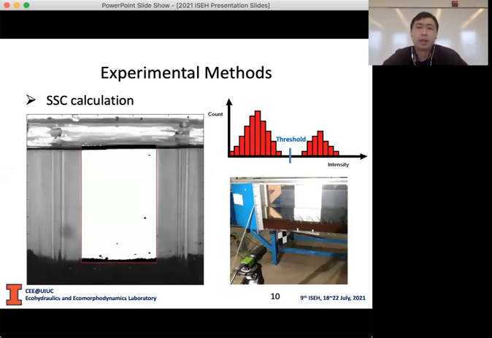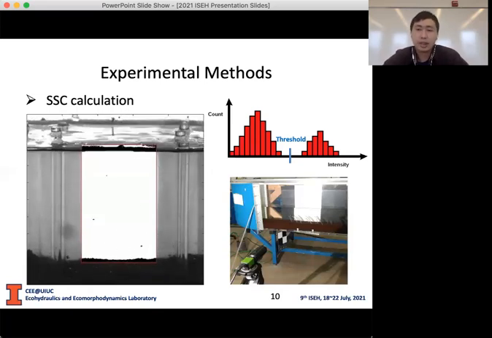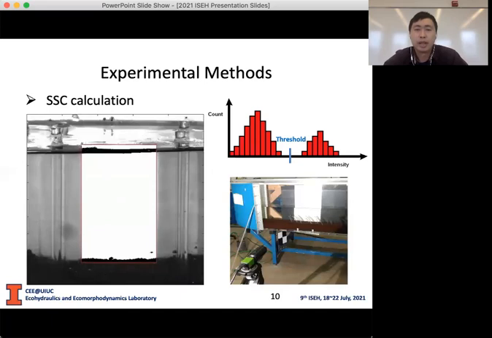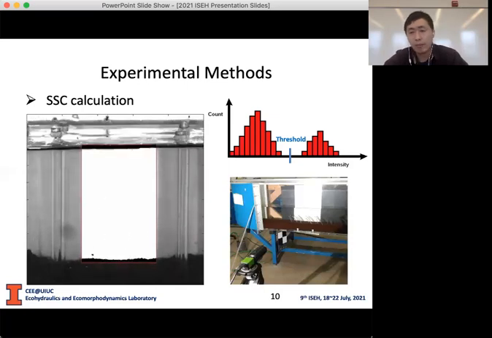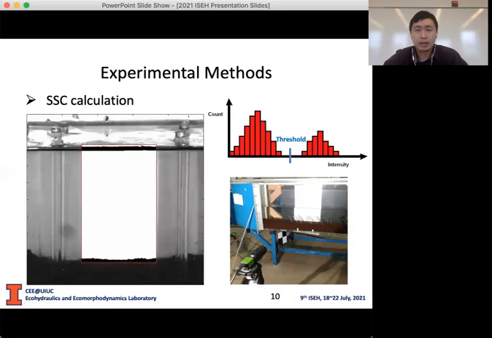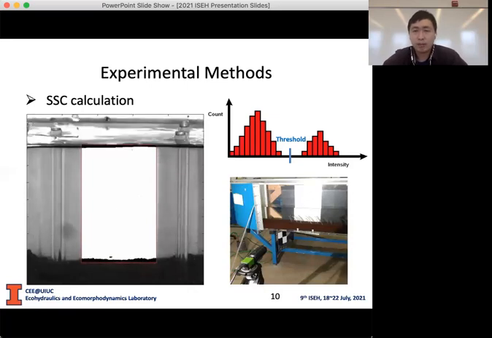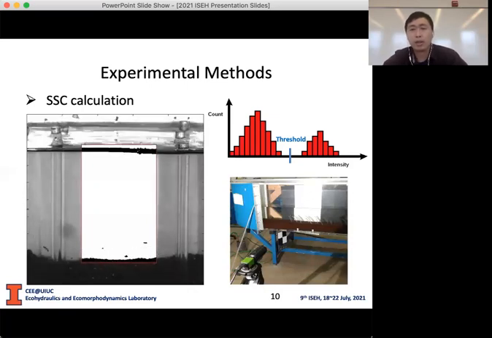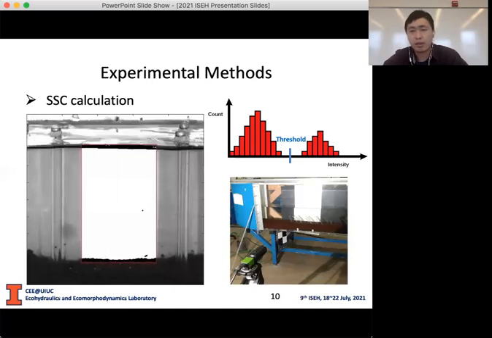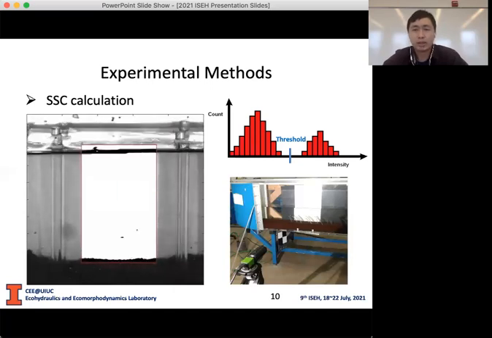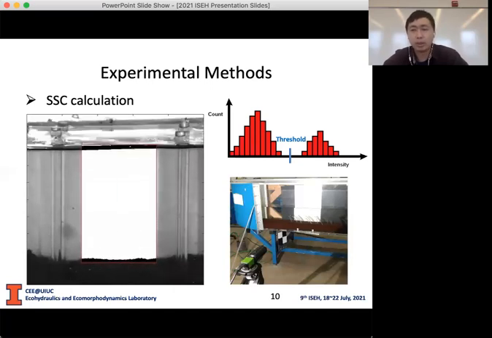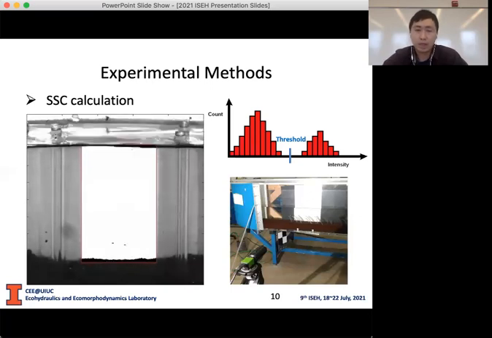So let's say for each pixel, if the intensity is lower than the threshold, it is identified as sediment with zero value. If the intensity is higher, then it is background water that is set as the value of 1. By doing this, we can further calculate the concentration profile by doing time average and streamwise average of the binary values, which represents the existence probability of the sediment at this location.